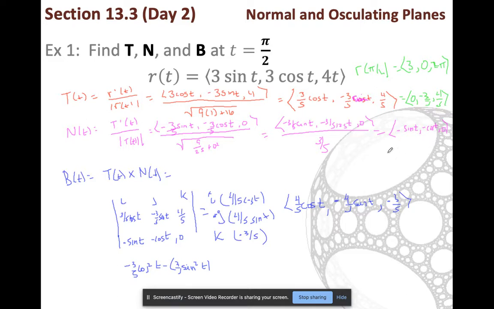And my normal at pi over 2. Oh, my pen is being so weird. And my binormal at pi over 2. Well, it's hard to see, isn't it? Sorry. Right down here.